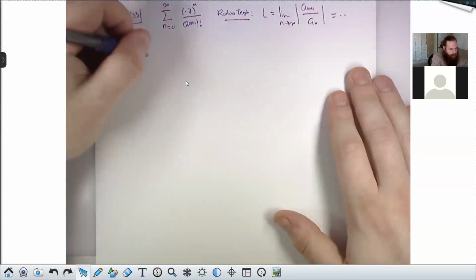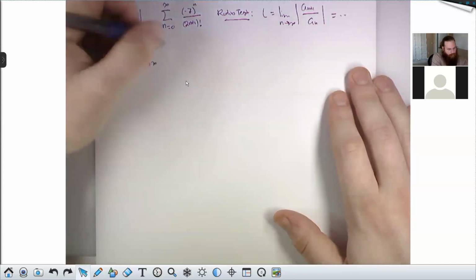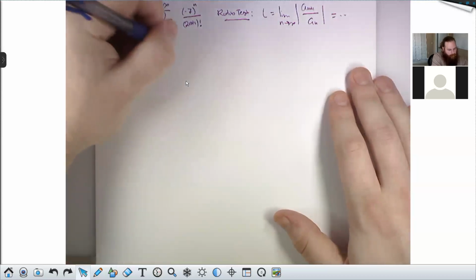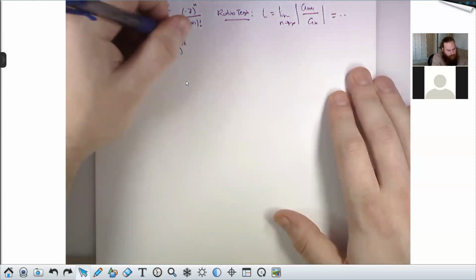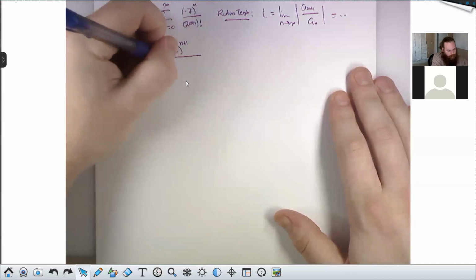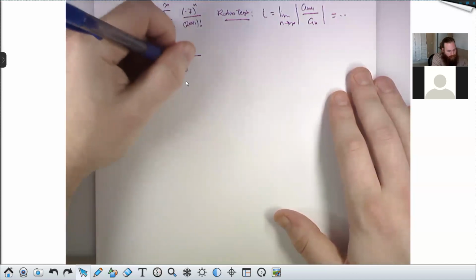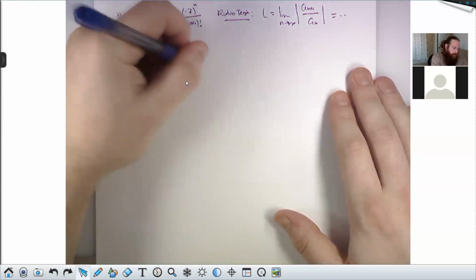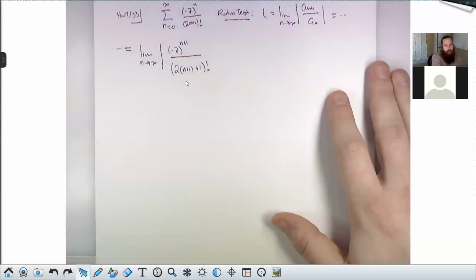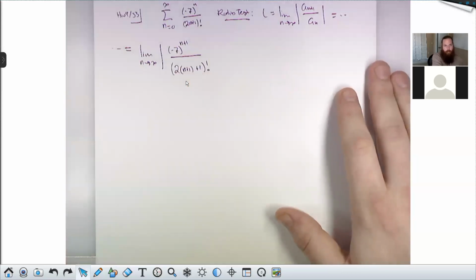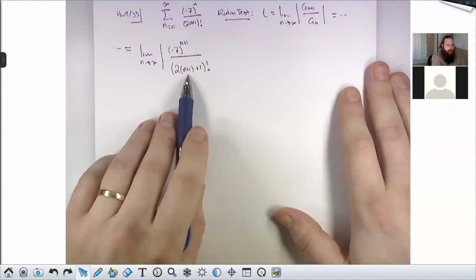This is going to be the limit as n goes to infinity of the absolute value of (-7) to the n+1 over (2(n+1)+1) factorial, like that. That's a_(n+1). Got to be real careful. If you forget these parentheses, you'll get the wrong thing.